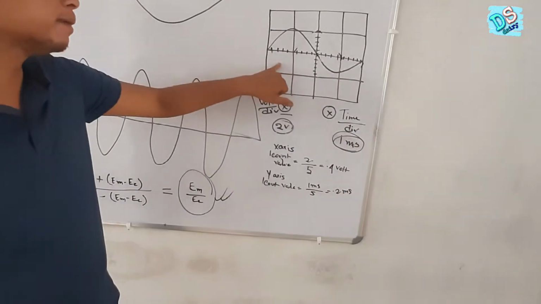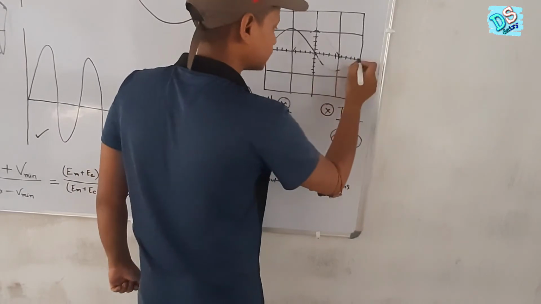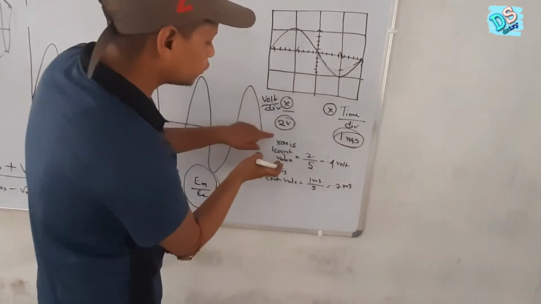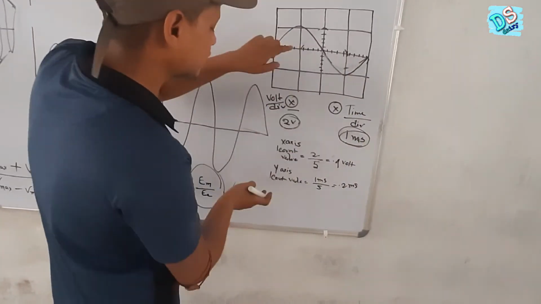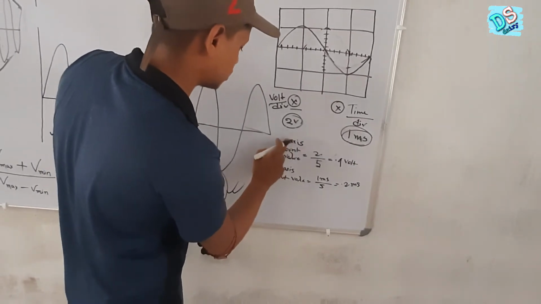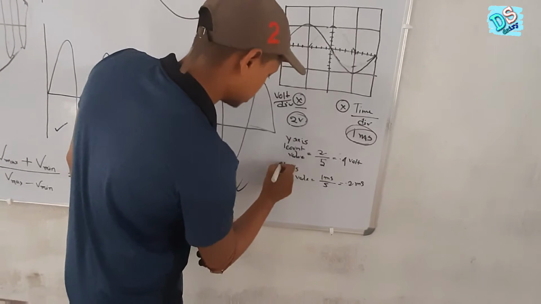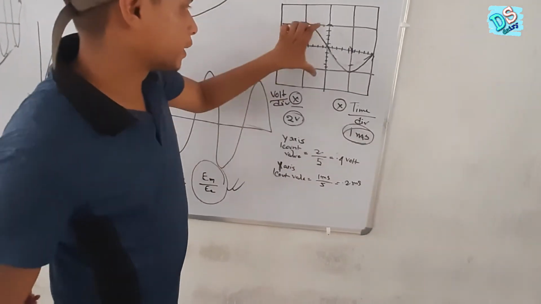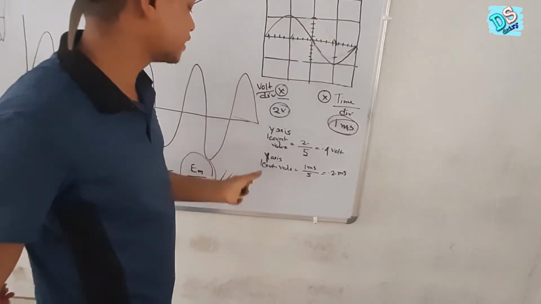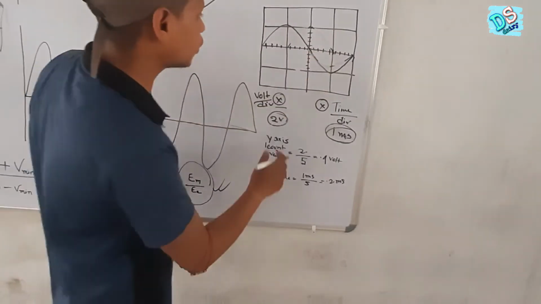Now this signal can be measured. The amplitude is on the y-axis and the time period is on the x-axis.